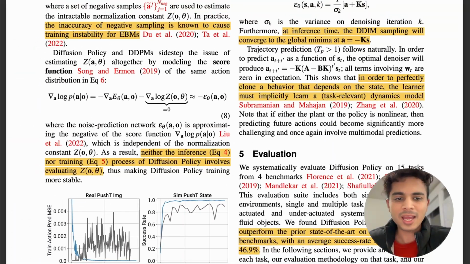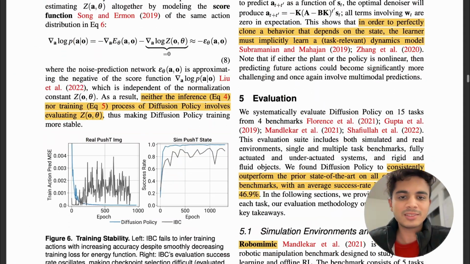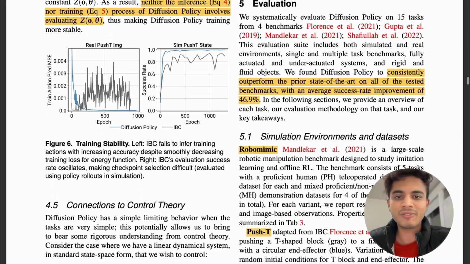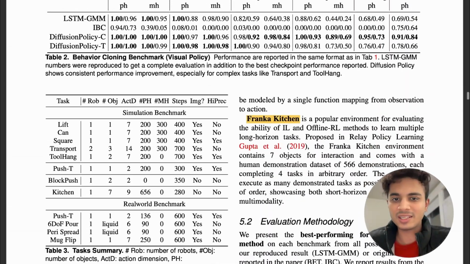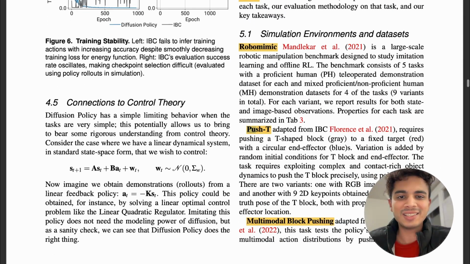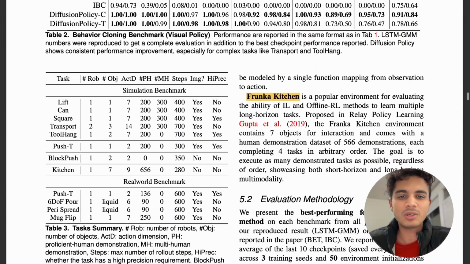Some things that we can cover are the evaluation metrics. Of course, I told you that there's an average improvement of 46.9%, and there have been different environments and different challenges that this model was tested on.